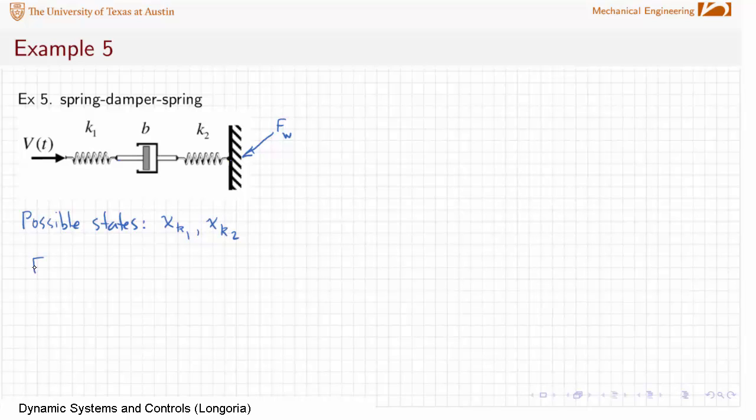So we have to recognize that Fk1 is equal to Fb, that's equal to Fk2, by the modeling decisions that we've made. And in fact, that's also equal to the force on the wall. The force that is generated in each of these elements transmits right through into the wall.